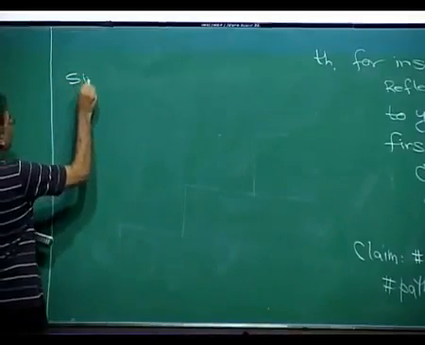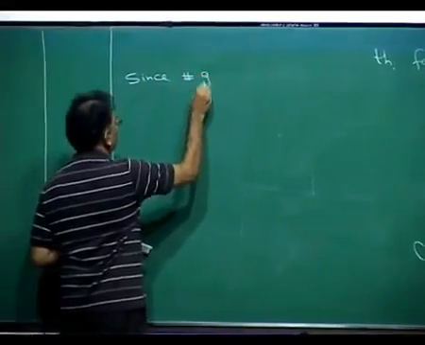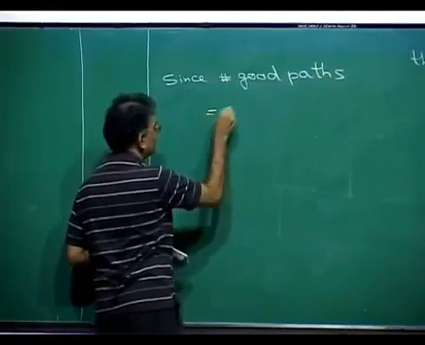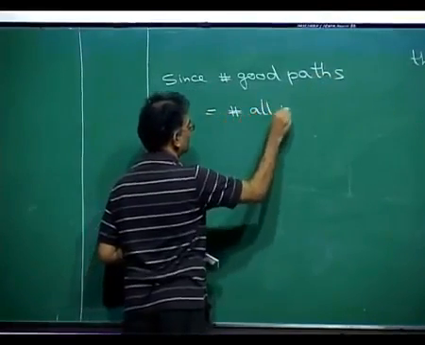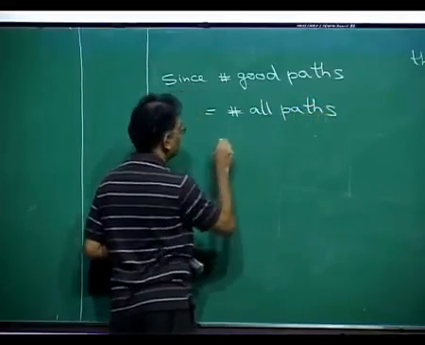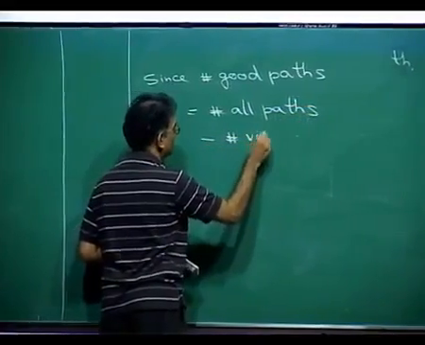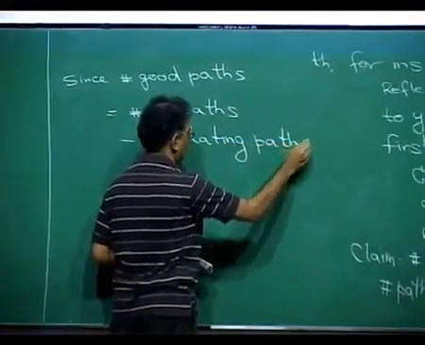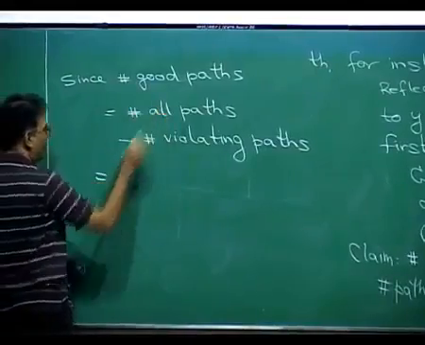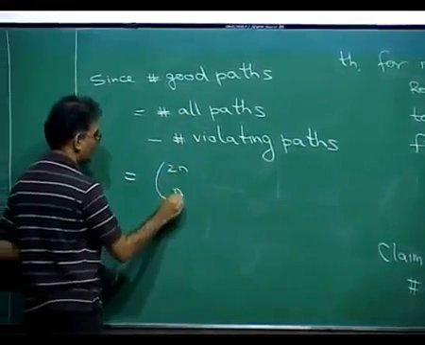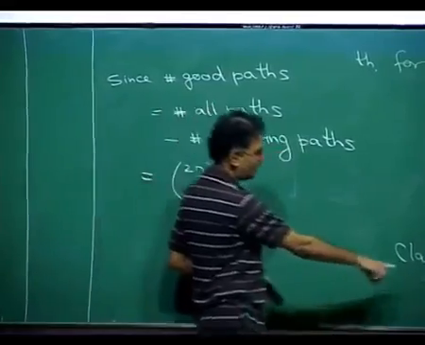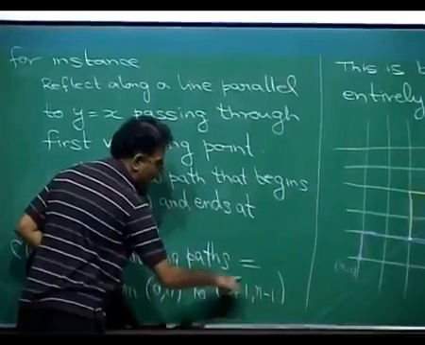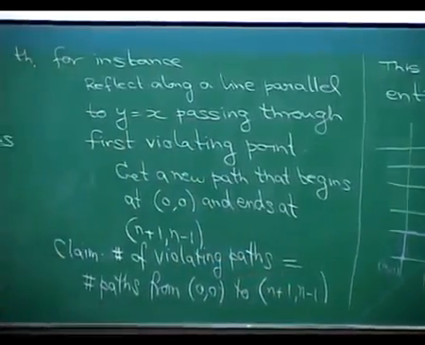Since the number of good paths equals the number of all paths minus the number of violating paths, and the number of all paths we already know is 2n choose n, and the number of violating paths is the same as the number of paths from 0, 0 to here, which is 2n choose n plus 1.